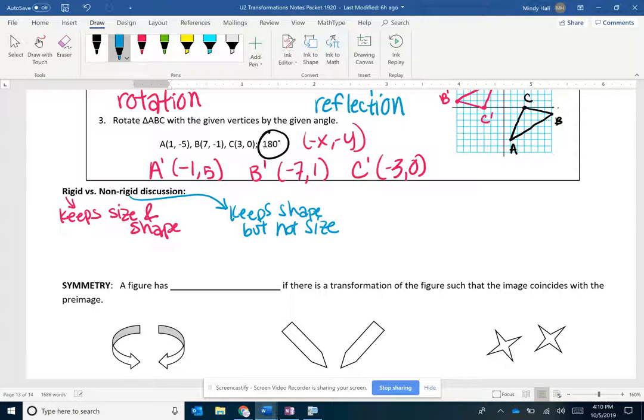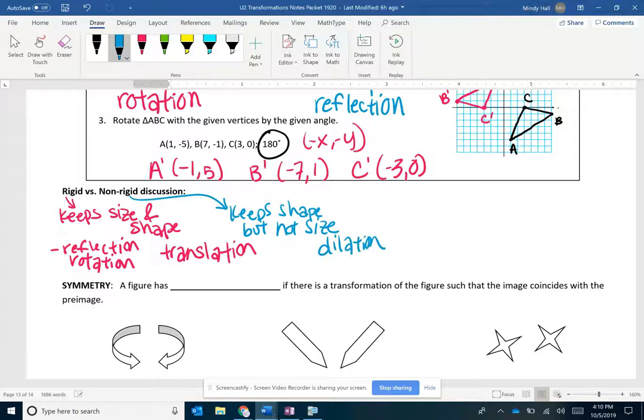So thinking about the transformations that we have done, a rigid transformation would be a reflection or a rotation or a translation. And then the one that would be changing the size would be a dilation.